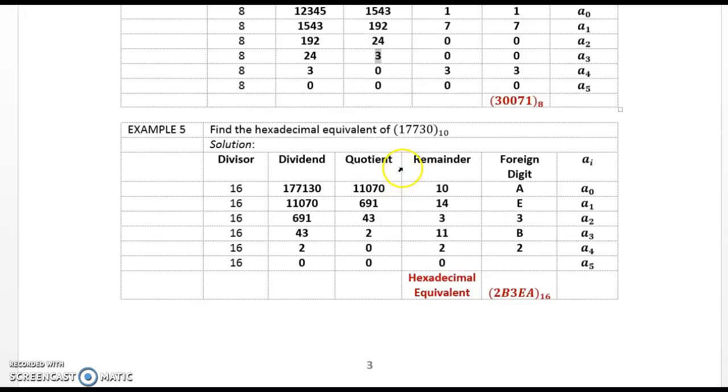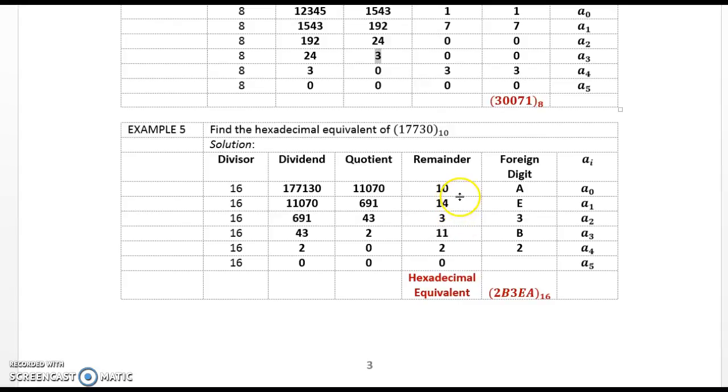Find the hexadecimal equivalent of 17730. So we used the same technique before, dividing our initial decimal value of 17730 by 16, getting 11070, and our remainder of 10, and successive quotients of 691, 43, 2, and 0, and successive remainders of 14, 3, 11, and 2.